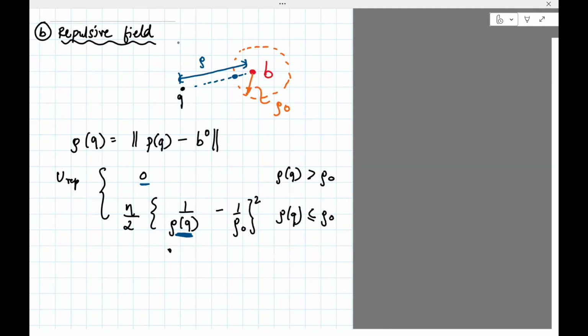But as it comes closer and closer to B, the field starts increasing, and it will be substantially higher as you get closer and closer to B.